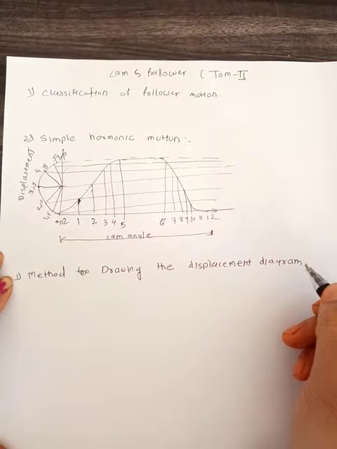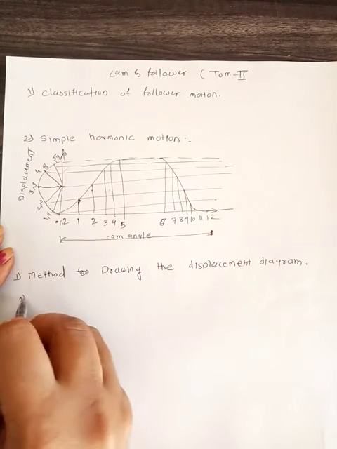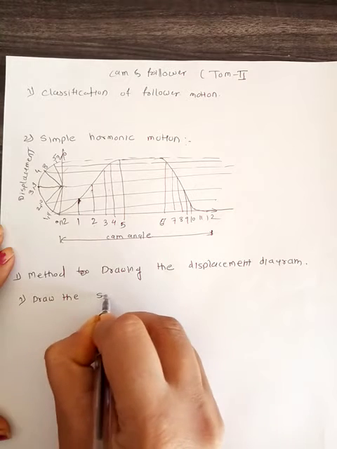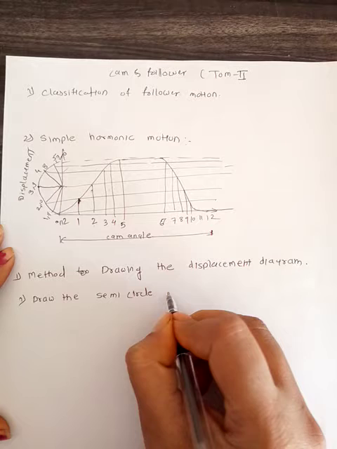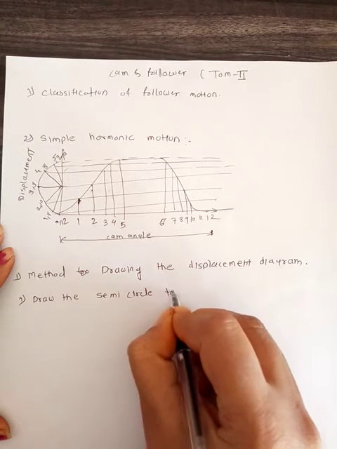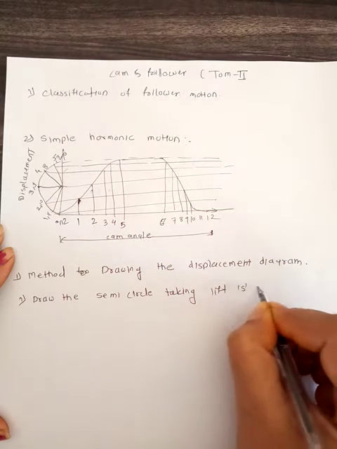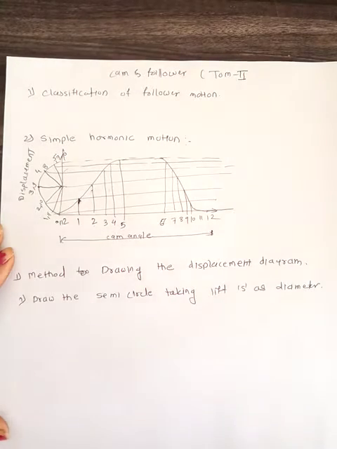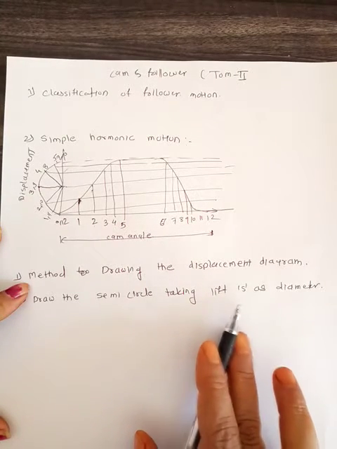First step: draw a semicircle taking the lift S as a diameter.